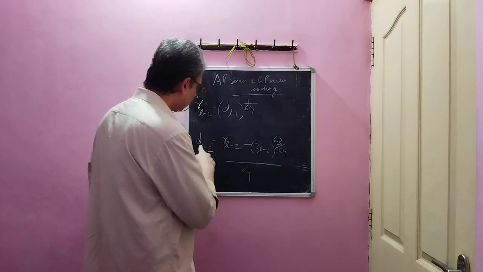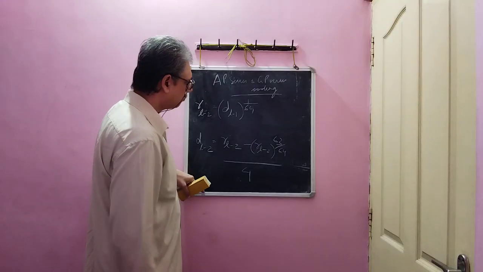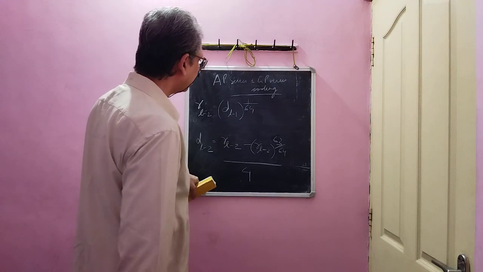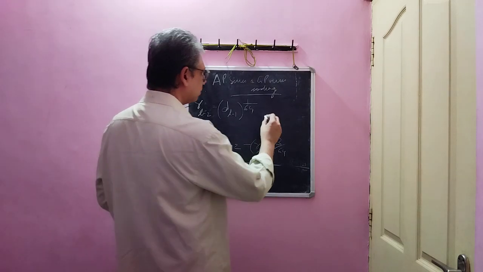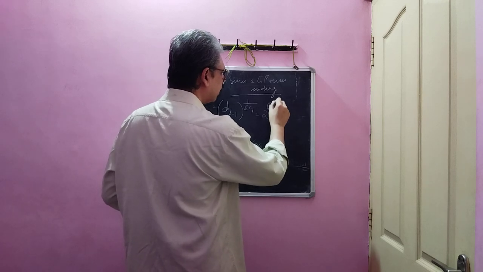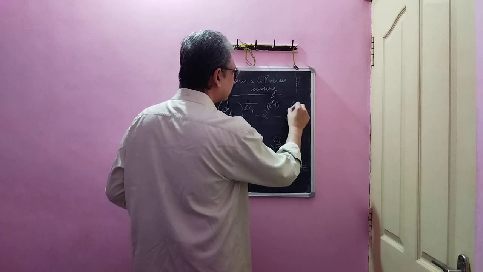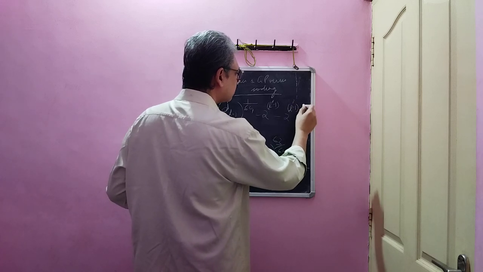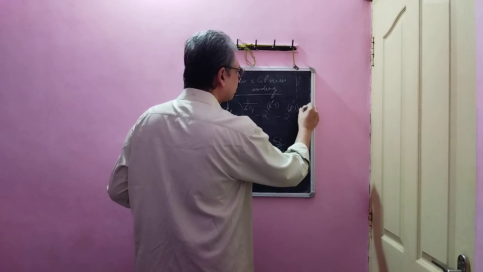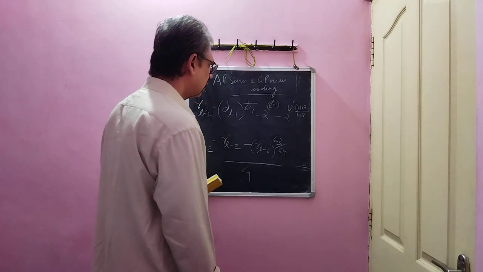So for the AP series the common difference will be this. Now we know rl minus 2 is nothing but equal to 2 power L dash minus 1 minus 2 power L dash minus 1 into 127 by 128.